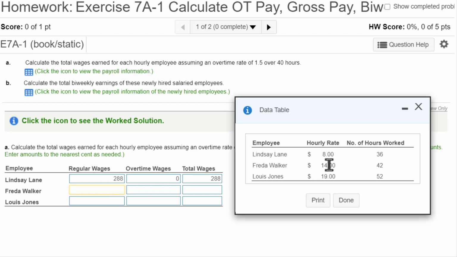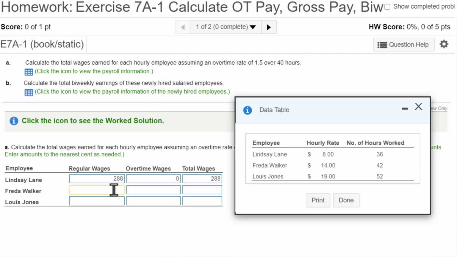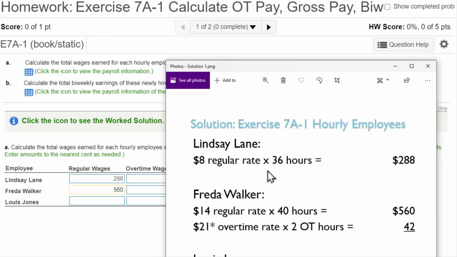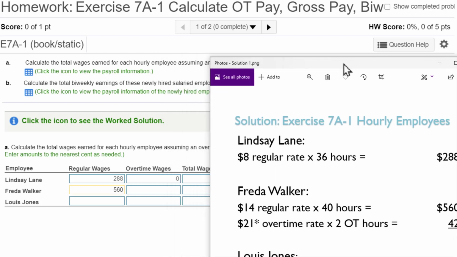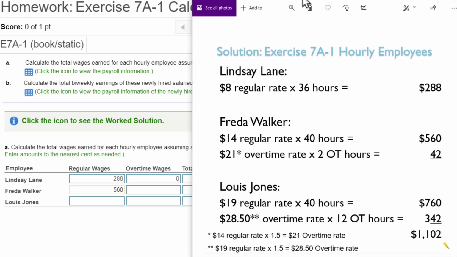Next, we've got Frida Walker. Frida gets paid $14 an hour, and she worked 42 hours, which means she worked 2 hours of overtime. We're going to calculate her regular wages first, which means 40 times 14. So 40 hours times 14 gives us $560 of regular wages. For her overtime wages, we first have to calculate her overtime rate.